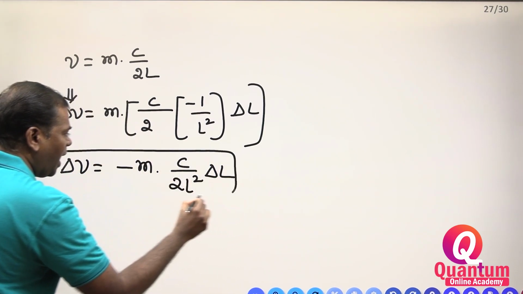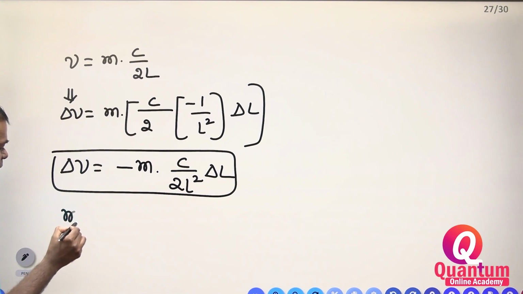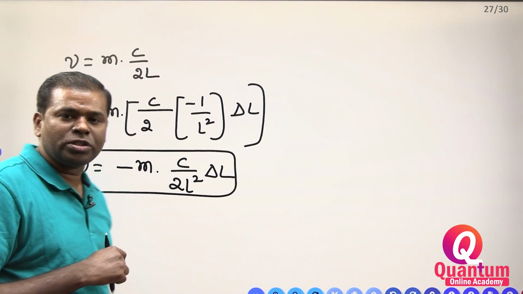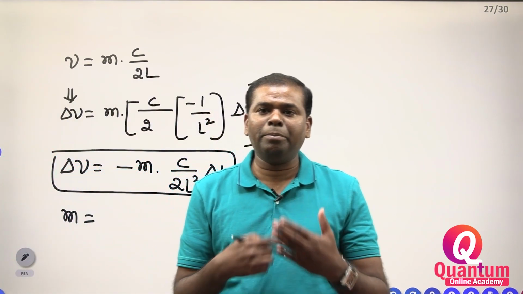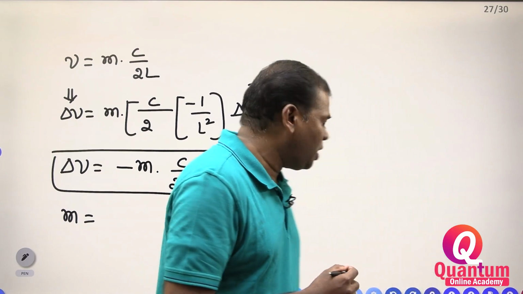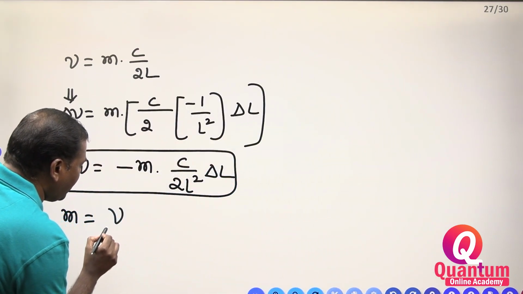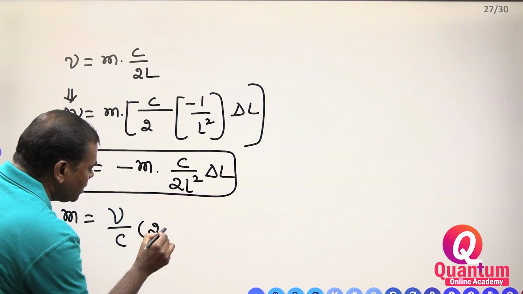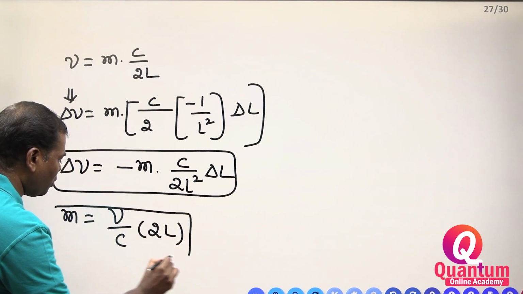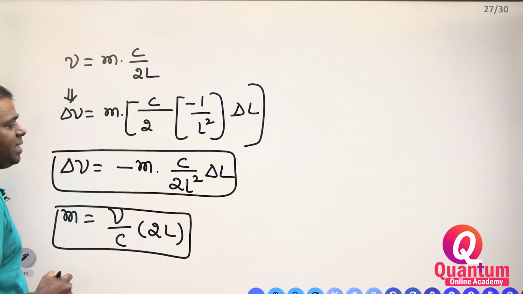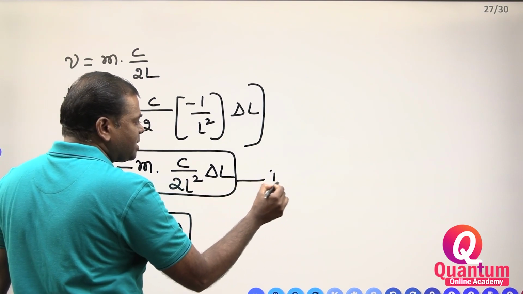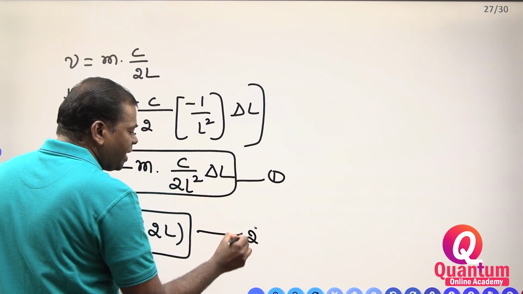But we know m. What is m? The number of longitudinal modes. The formula for the number of longitudinal modes is m equal to mu by C into 2L. This is equation number 1, and this is equation number 2.